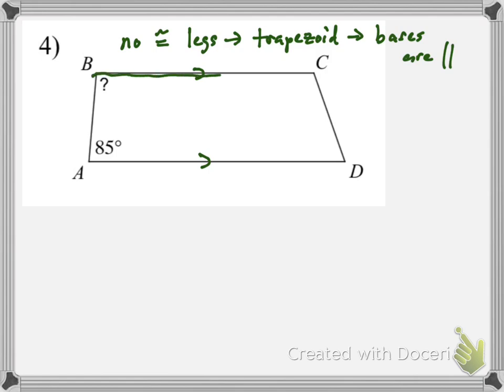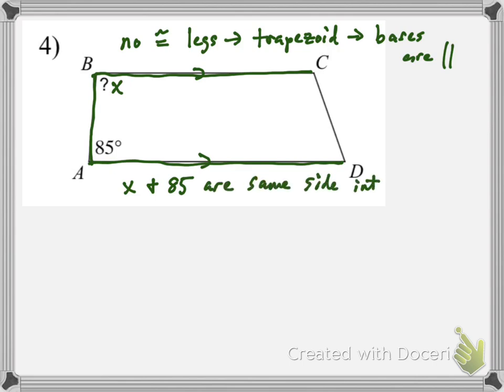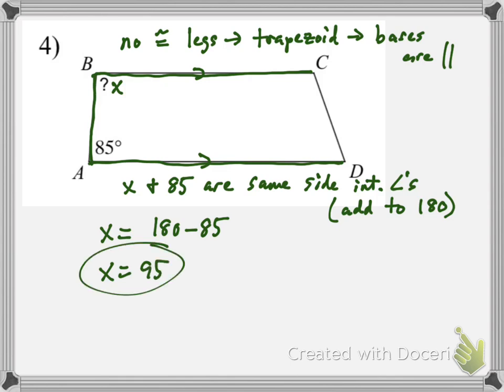Well, if I've got two parallel lines, and here's my transversal, so there's x and 85 are same side interior. But we know that same side interior angles add to 180. So x would be 180 minus 85. So x would be 95. Okay?